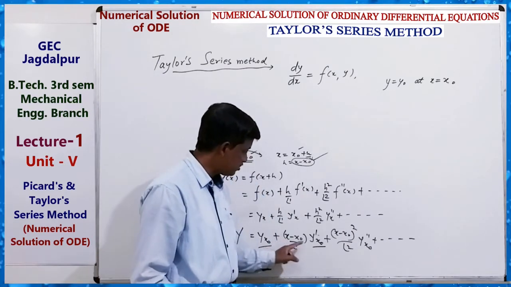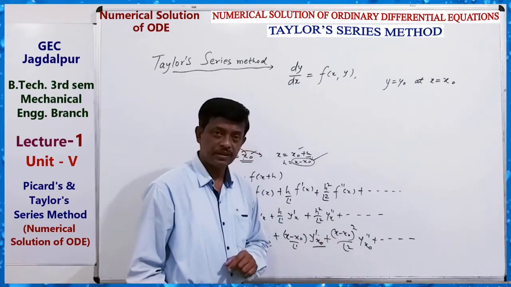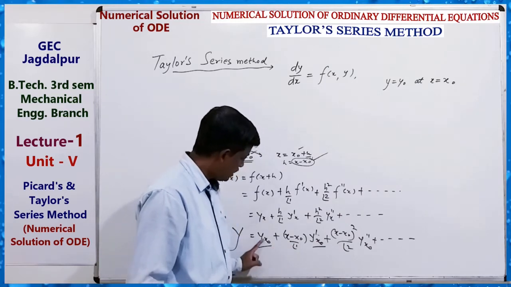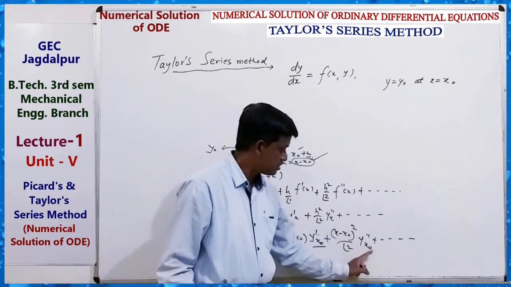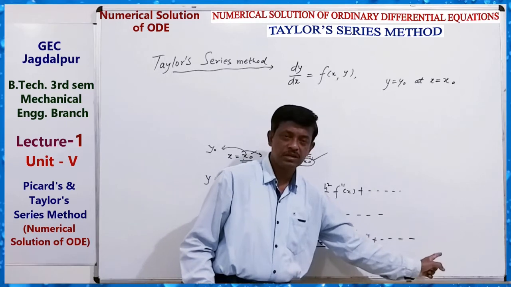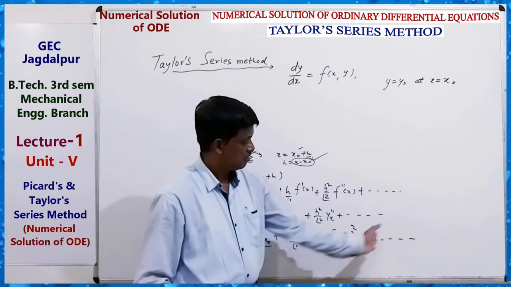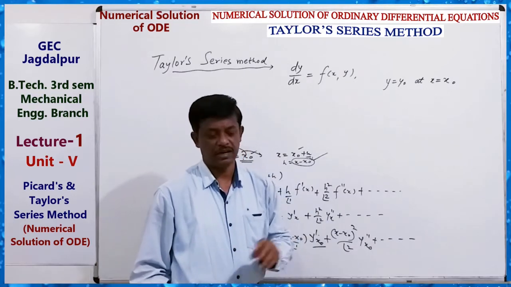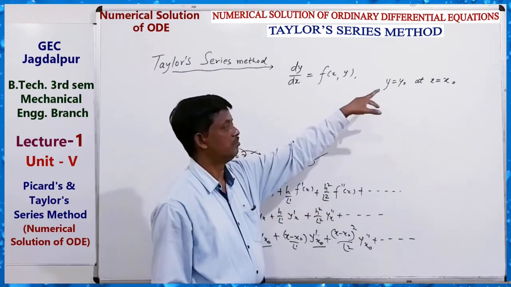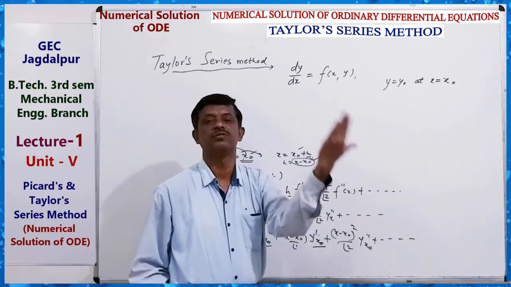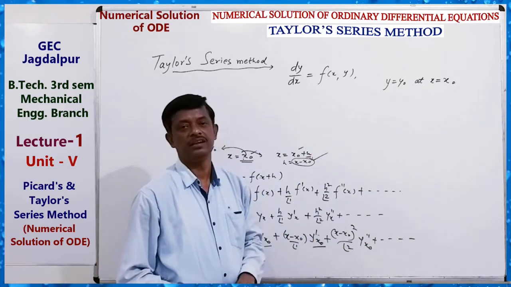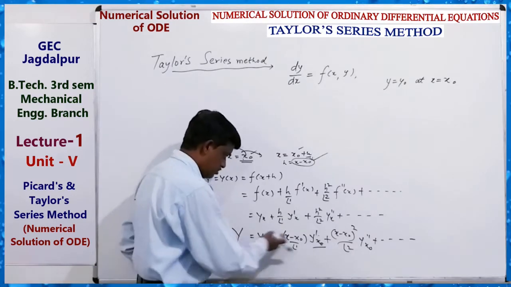So x minus x0 is here, and here y(x0), y dash x0, y double dash x0, y triple dash x0, y 4 dash x0, and different order derivatives at the initial value. First of all we have to find these values and then put them in this formula.